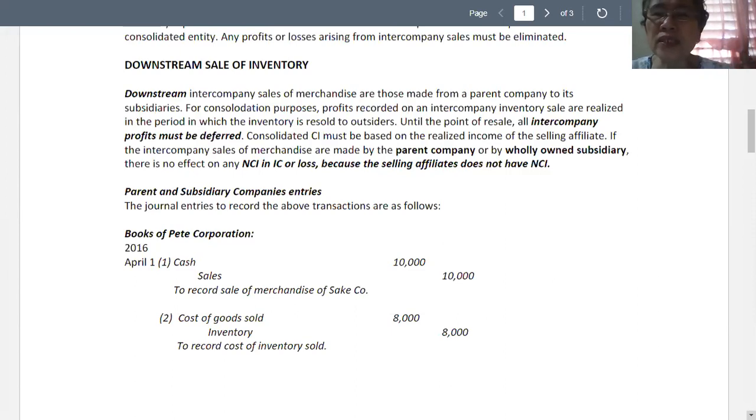In other words, that applies to a wholly owned subsidiary, which has no non-controlling interest.